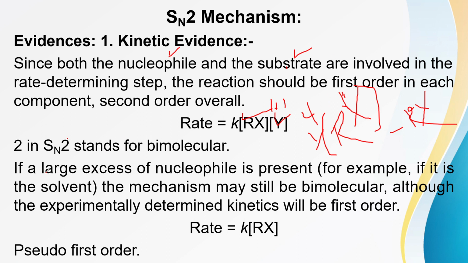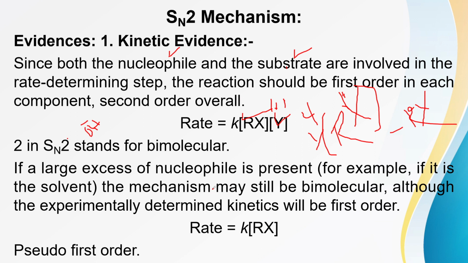Let us take an example. If we have a large excess of nucleophile, as in solvolysis, where the solvent acts as the nucleophile, let's suppose the reaction is occurring in alcohol where the OH group is acting as a nucleophile. As the OH group is present in large amount, the order with respect to the OH group or nucleophile is 0. Then the order only depends on the concentration of the reactant.